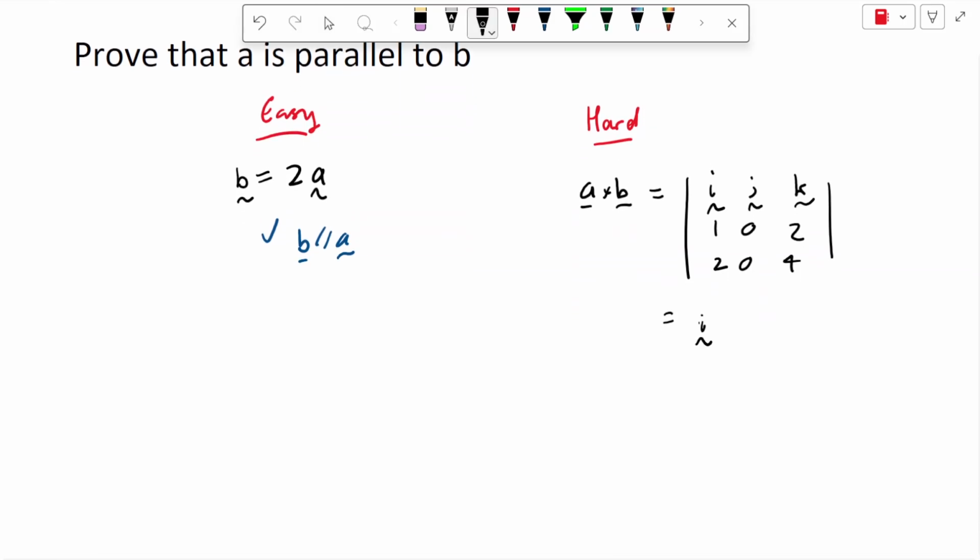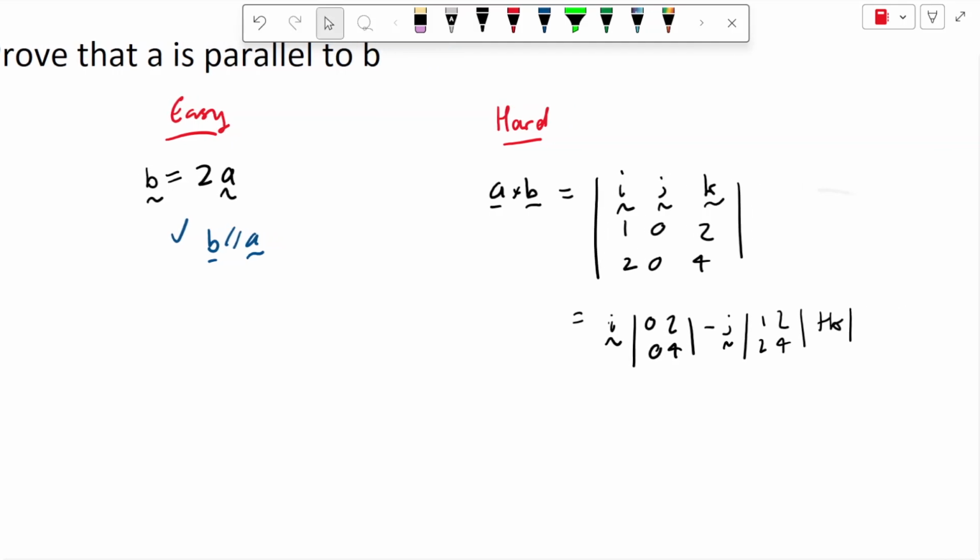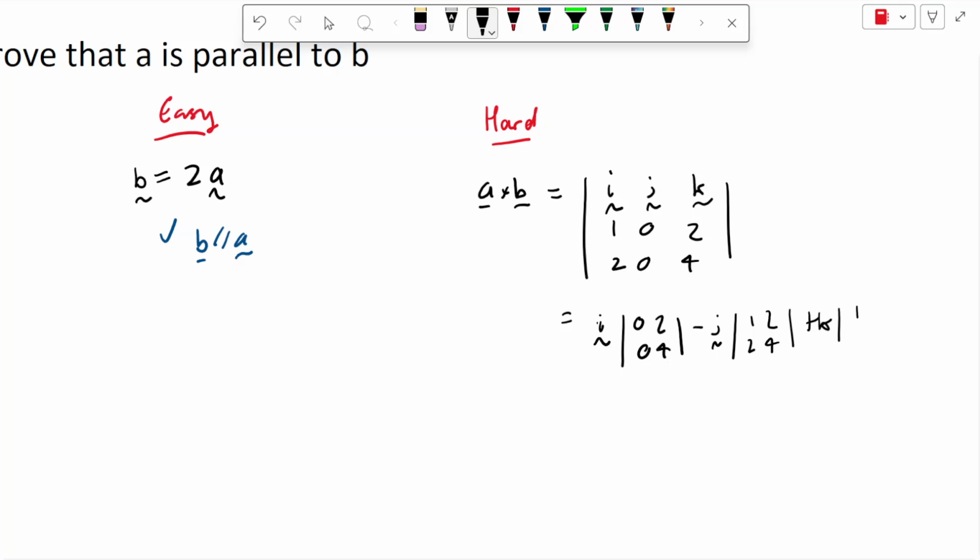So we're going to get i times the first determinant, take j times the second determinant, plus k times the third determinant. Remember, when you do this process, for example to get the k determinant, you lop off all the ones underneath k, and you just take the other determinant that's remaining. So that gives you i lots of 0 take 0.